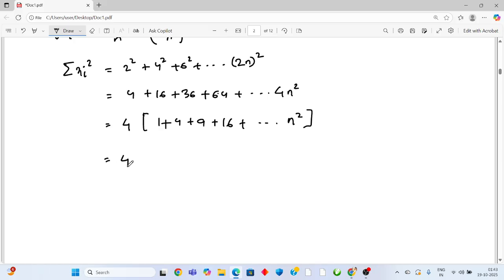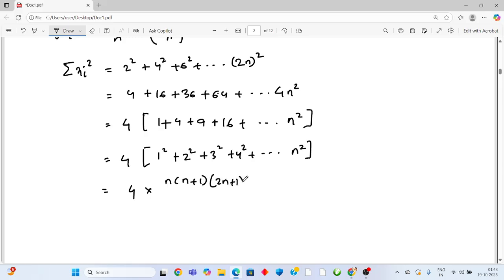So this is the sum of the first n squares, 1 square plus 2 square plus 3 square plus 4 square up to n square. So we can write this as 4 times n into n plus 1 into 2n plus 1 by 6. This is my summation xi square.